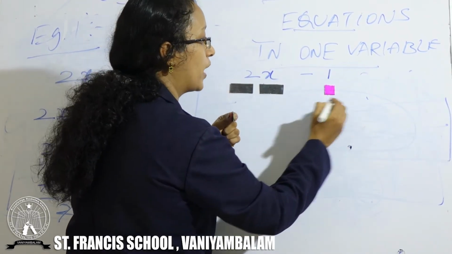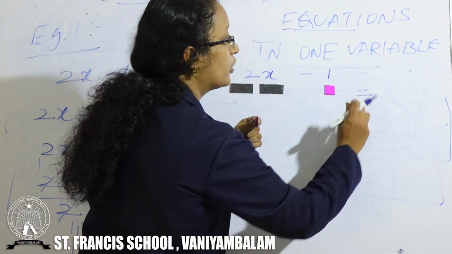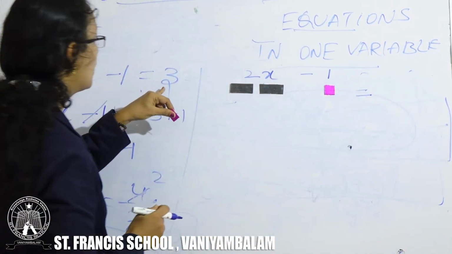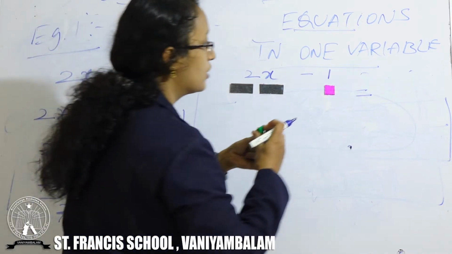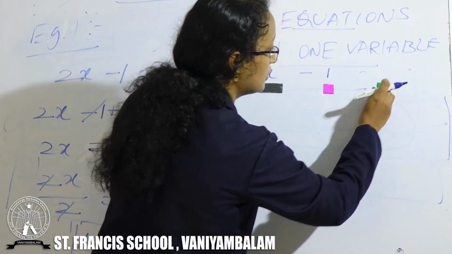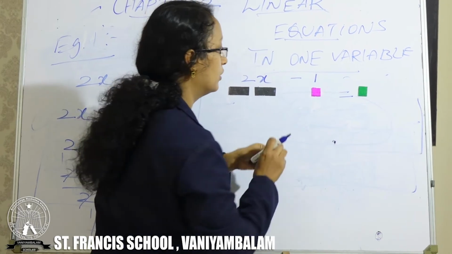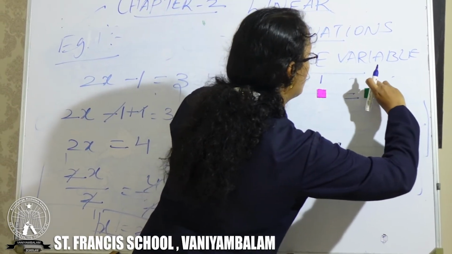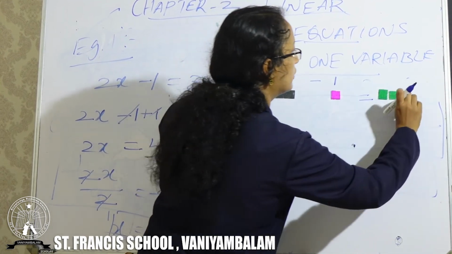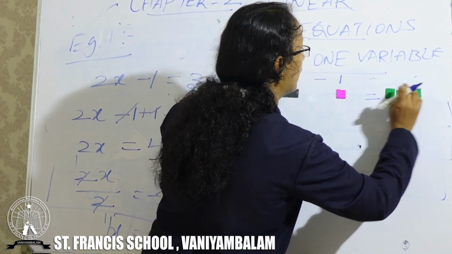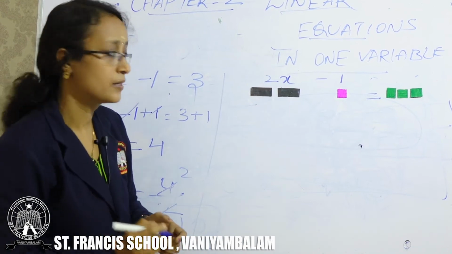So minus 1 is equal to, you have 3, right? Here on the right hand side you have the constant 3. So 1, this is positive, 2 and 3. Am I right? Yes.